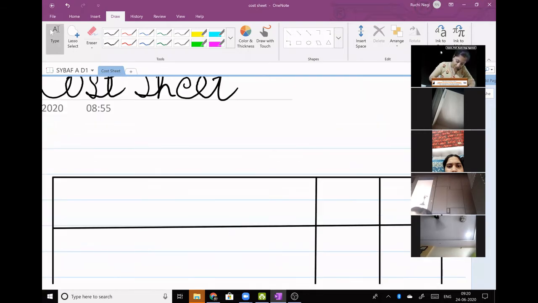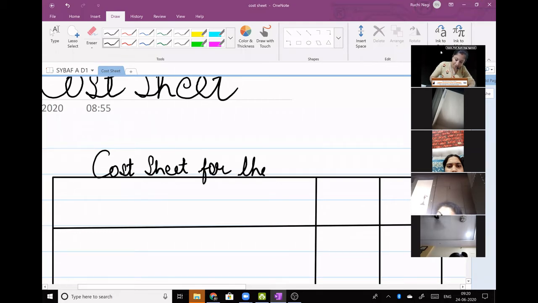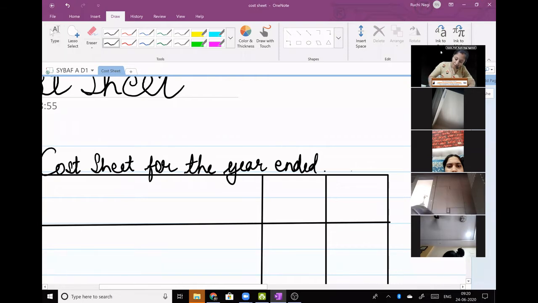Give the heading cost sheet for the year ended XYZ, whatever the year is given.